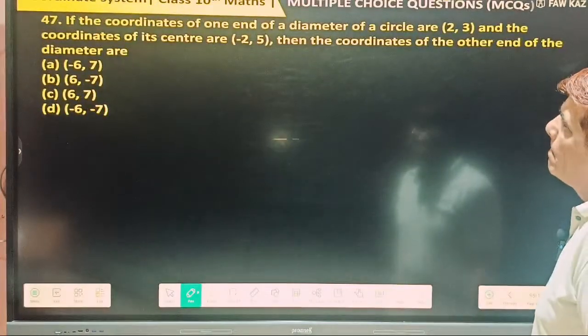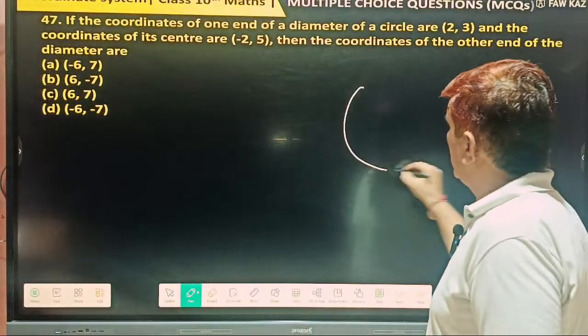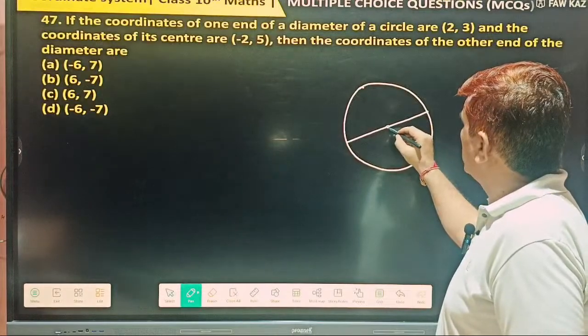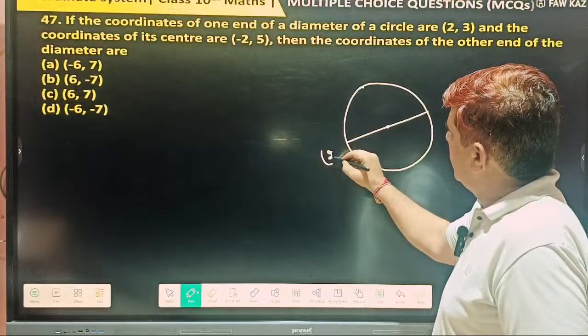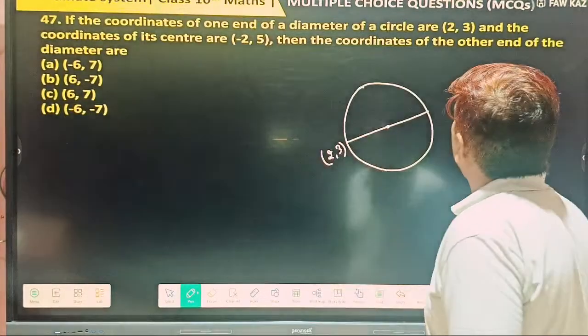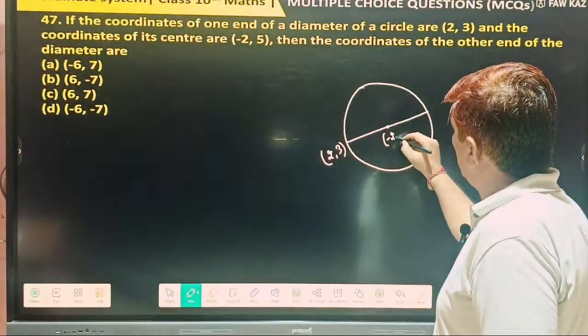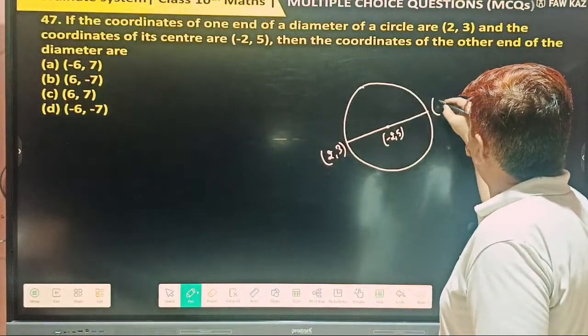Next. If the coordinate of one end of the diameter, we are having a circle, same question. The diameter always passes through the center of the circle. If one end of the diameter of the circle is (2, 3), and the coordinate of the center is (minus 2, 5), then the coordinate of the other end we can say (x, y).